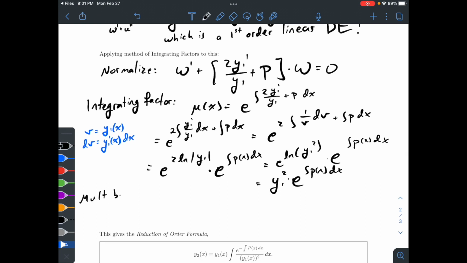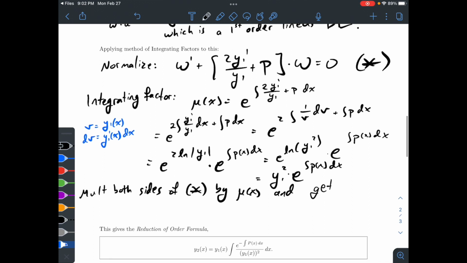So then we would multiply both sides of that starred equation up there by our y1 squared times e to the, well, maybe I'll just say times mu of x. I'll skip a couple of steps right here for sake of time, because I already worked this out and I know that it works just fine.